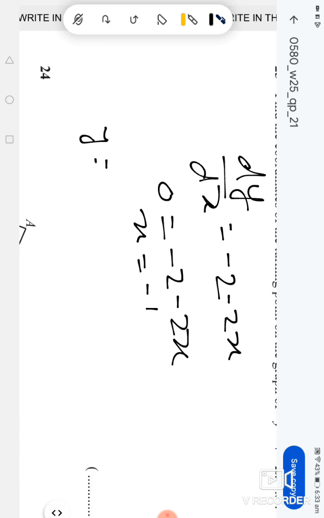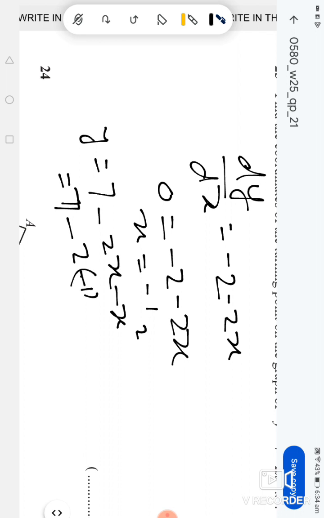So y equals 7 minus 2x minus x square equals 7 minus 2 into minus 1 minus 1 square, equal to 8.